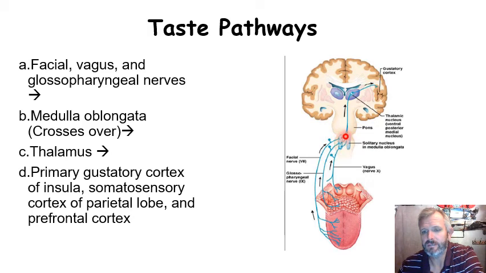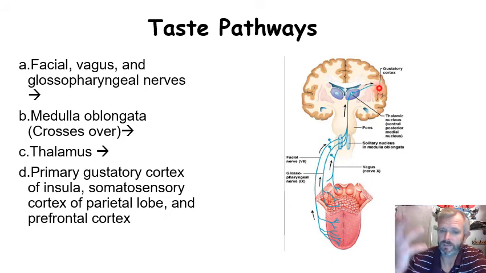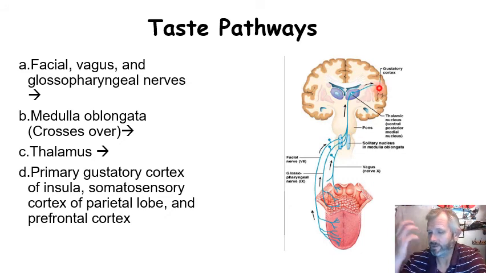And you can see brought up, where does all good sensory information go? We get to the thalamus, and in the thalamus, instead of what we saw with somatosensory sensations that went to the somatosensory cortex, the thalamus is going to send that information out to that gustatory cortex sitting here, all right, where we can get perception of what taste we are getting.